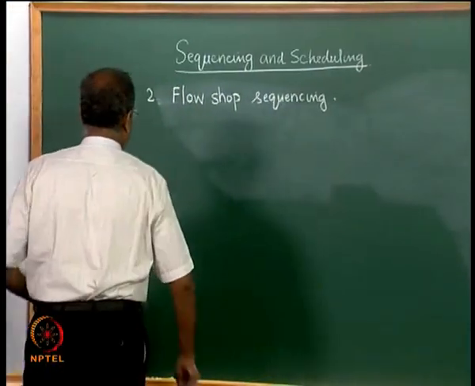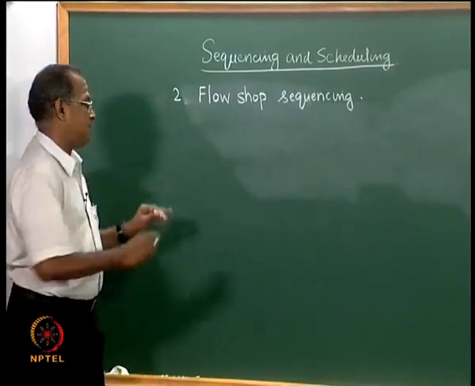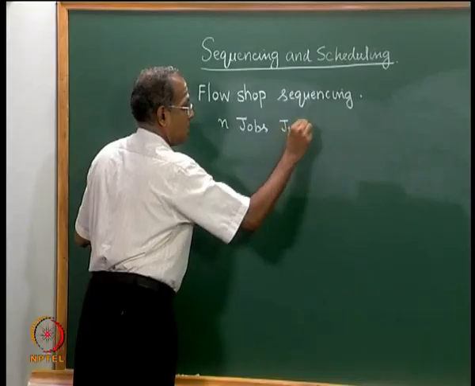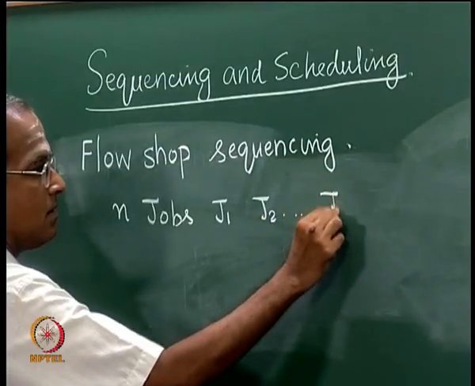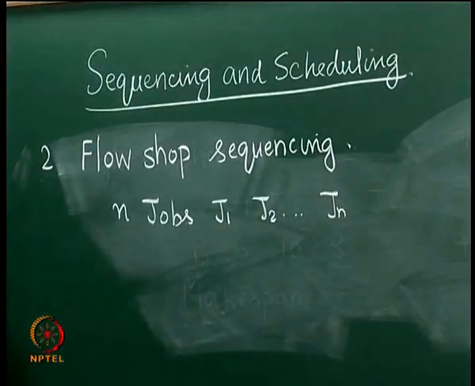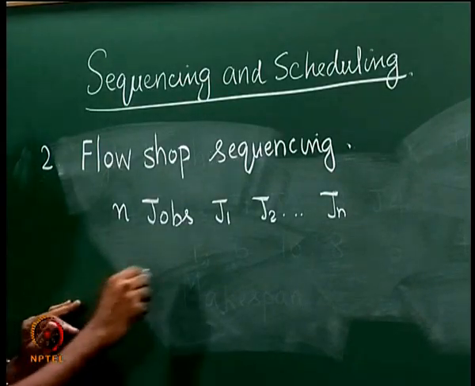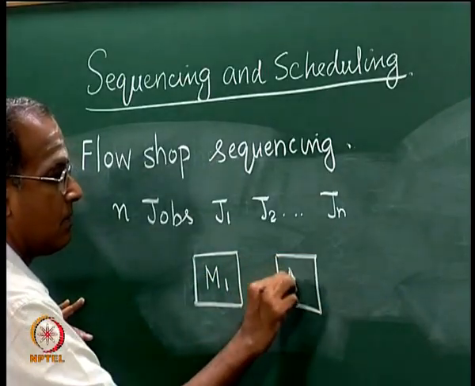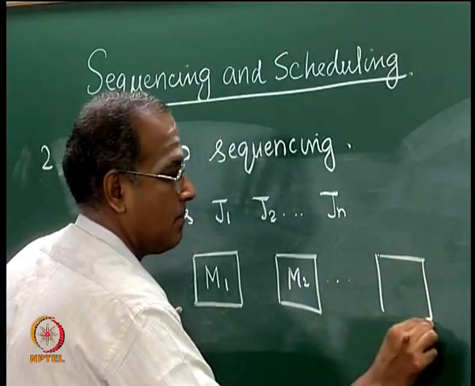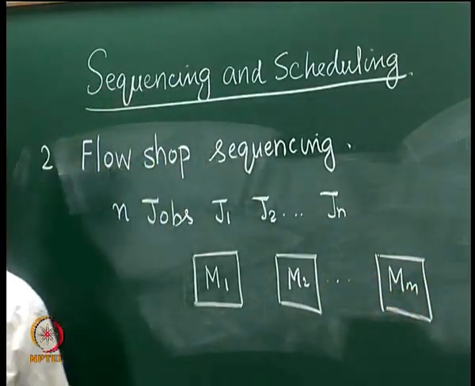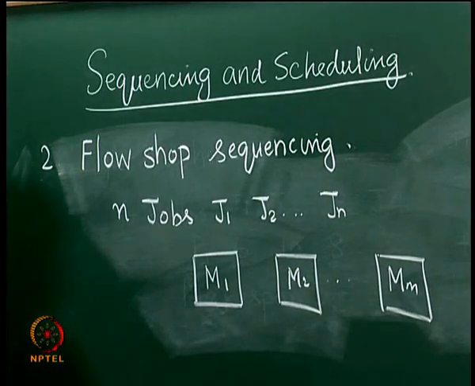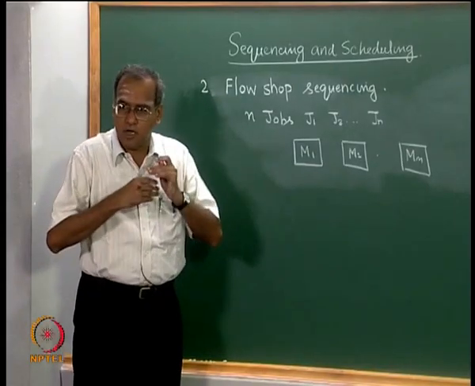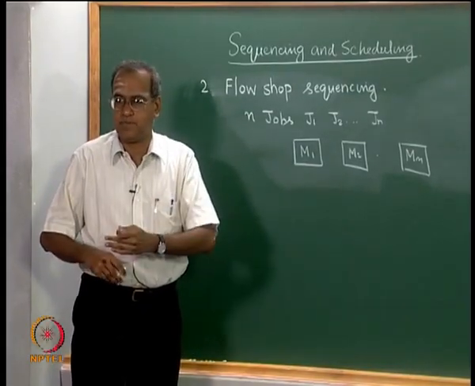As we have already mentioned, a flow shop is a shop where we have n jobs, J1 up to Jn, and then we have m machines which we would call M1, M2 up to Mm. An important condition in a flow shop is that all the jobs will have to visit all the machines in the same sequence.